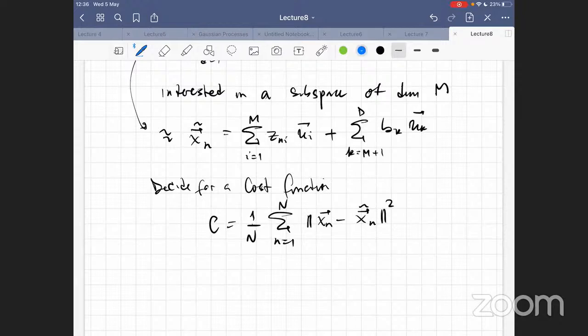My parameters are the z_ni, the basis vectors u_i, and also b_k. Those are the parameters with respect to which I need to minimize this cost function. So I minimize it with respect to z_ni, b_k, and u_i.